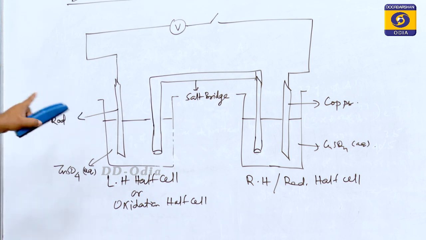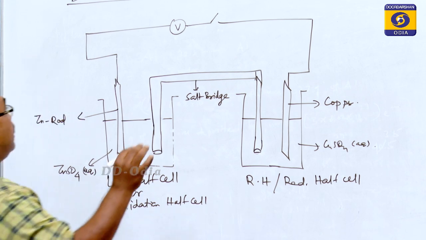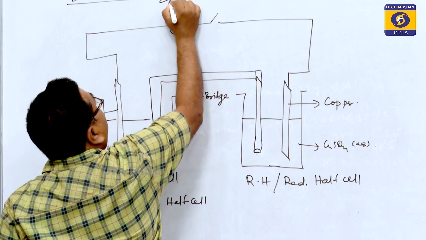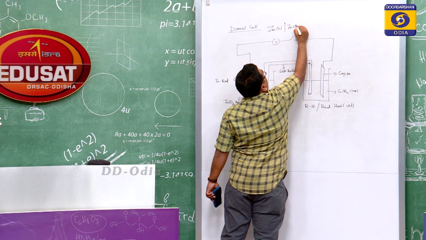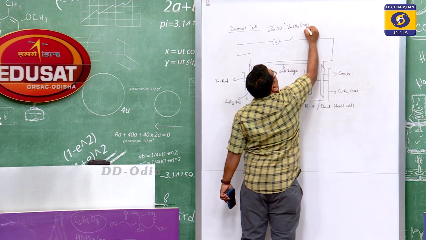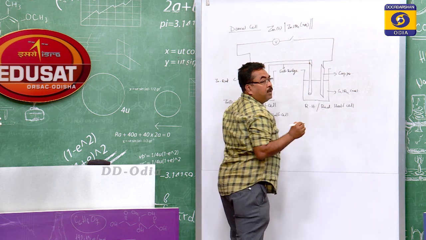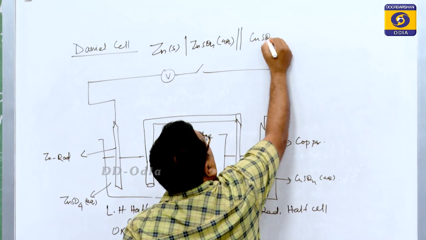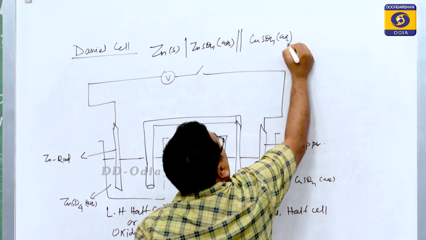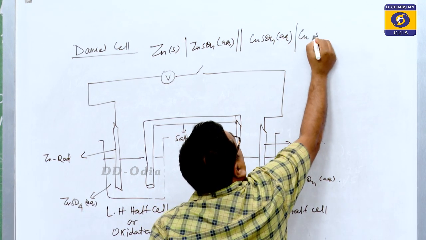So, this is a Daniell cell. I can designate this cell like this: zinc solid in contact with zinc sulphate aqueous. This double line represents the salt bridge, and this is copper sulphate aqueous, copper solid.